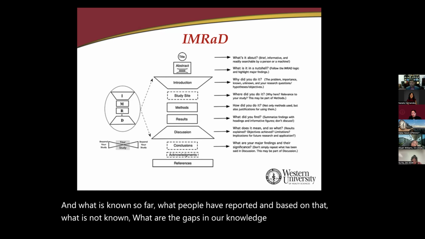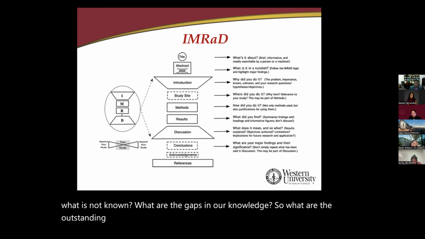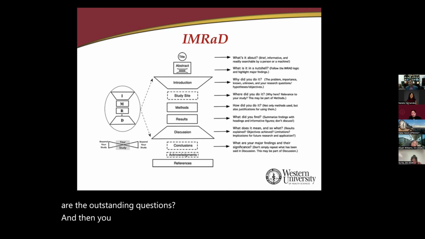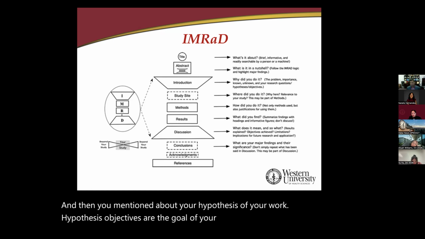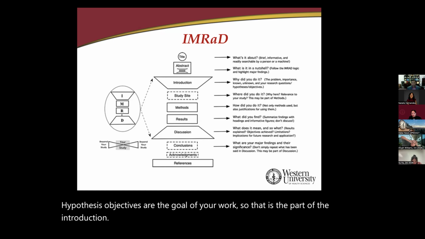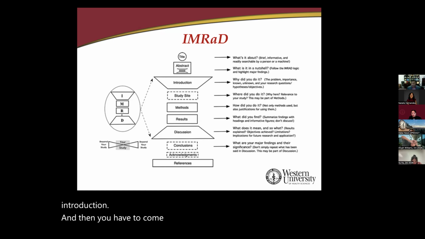So what are the outstanding questions? And then you mention your hypothesis, objectives, or the goal of your work. So that is a part of the introduction. And then you have to come to the study site, that is, where did you do the study?